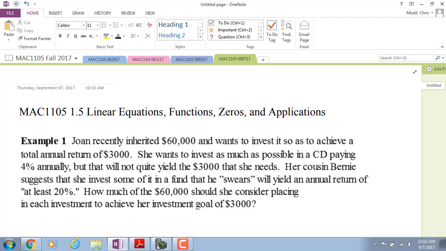She's got some options. One option is a certificate of deposit, a CD. Now the rate on this particular CD is considerably higher than what we would get if we just went to a financial institution this particular year. 4%. Doesn't seem like it's going to make her rich, but it's a little bit more generous than financial institutions are able to be at the current moment. 4% though of $60,000 is how much?